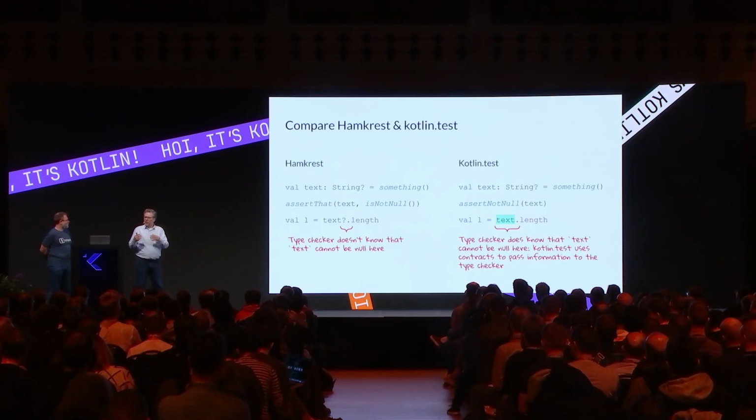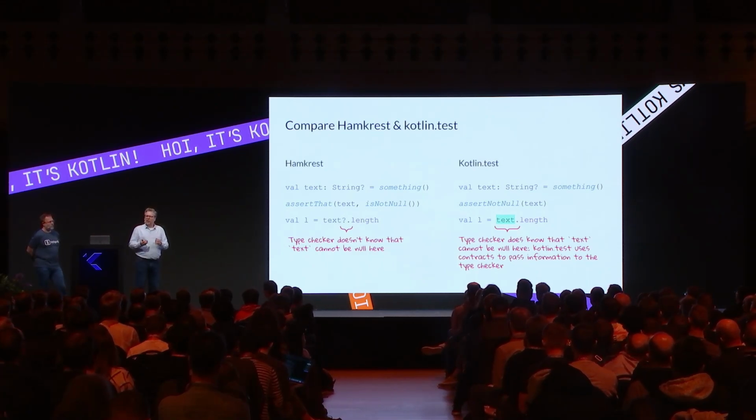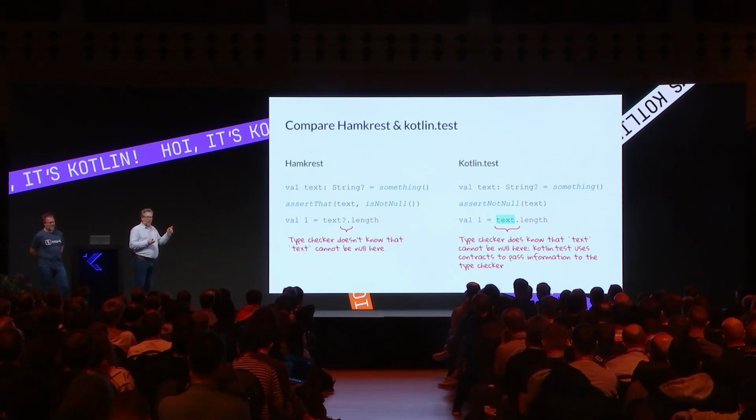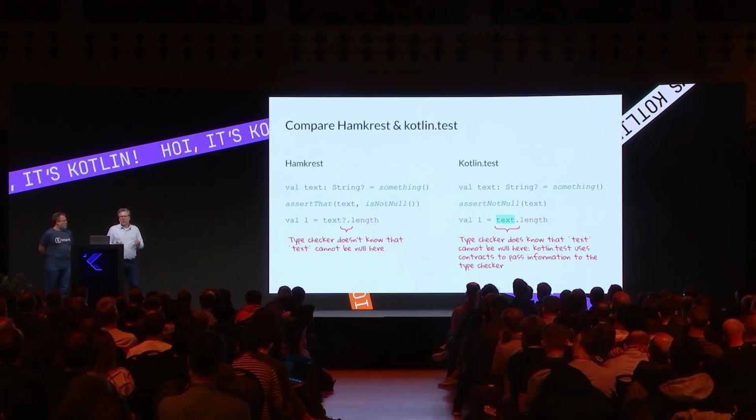With Kotlin.test, the assertNotNull function has a contract within it that tells the compiler, if this function returns successfully, the parameter is not null. And therefore, after that assertion passes, I can use that value as if it was not null. And this is a real ergonomic benefit.